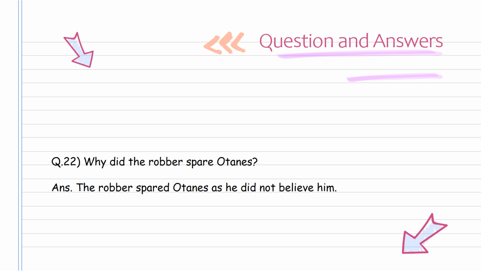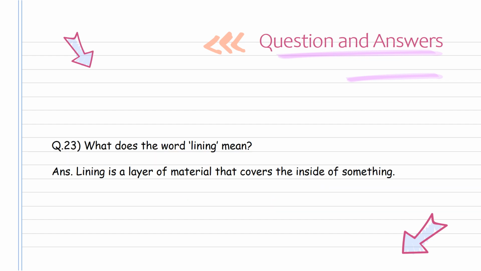The robber spared Otanes as he did not believe him. Question 23. What does the word lining mean? Lining is a layer of material that covers the inside of something.